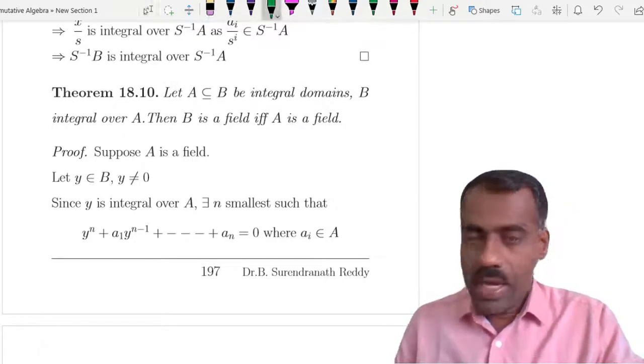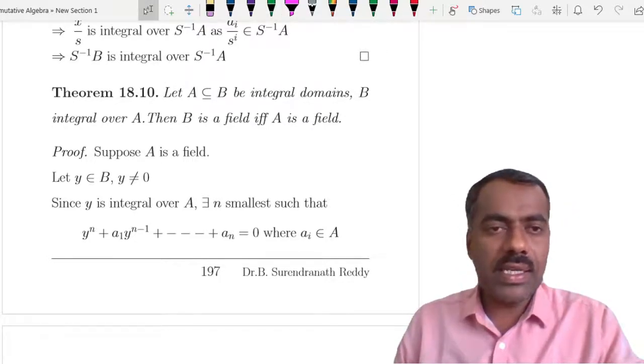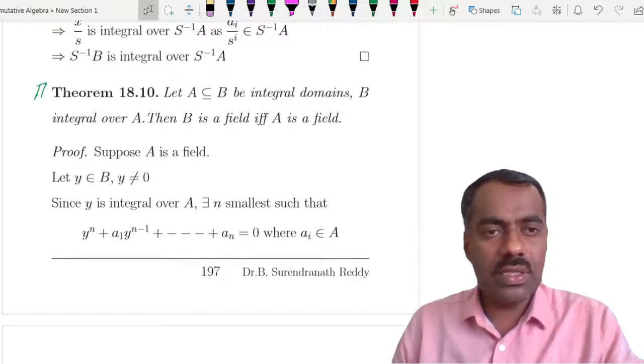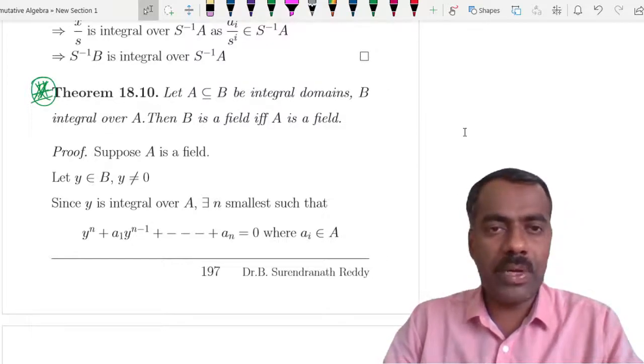The other interesting result here, which we use several times in this section, is a very important result.